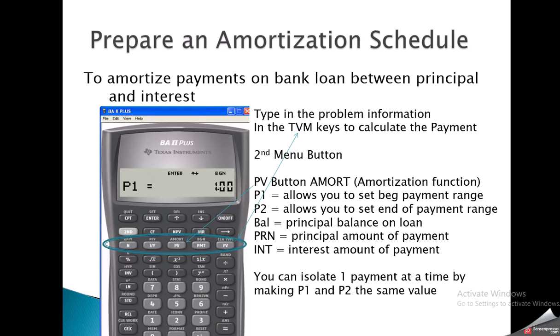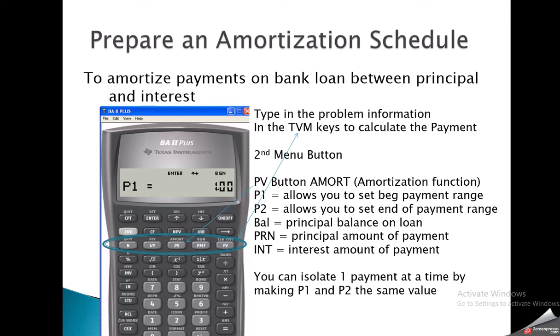Then we're going to move on because with most loans, they prepare an amortization schedule. What the amortization schedule does for you is it takes each payment that you make to the bank and splits it out to say how much of that payment goes to principal, which reduces my loan, and how much goes to interest, which is just income for the bank.